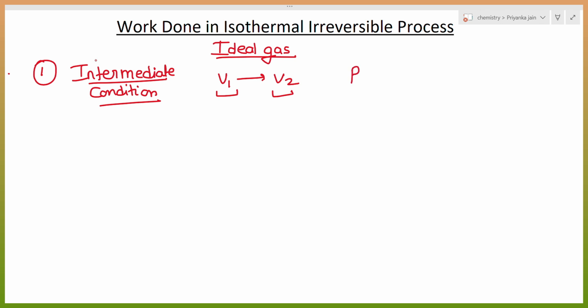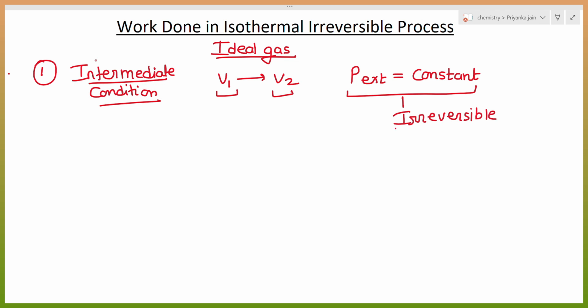Always remember, whenever it is given that the system is doing work under a constant external pressure, you should remember this is for the irreversible process. Even if irreversible is not mentioned, and it is given that the external pressure is constant, it means it is an irreversible process. So constant external pressure means irreversible process.